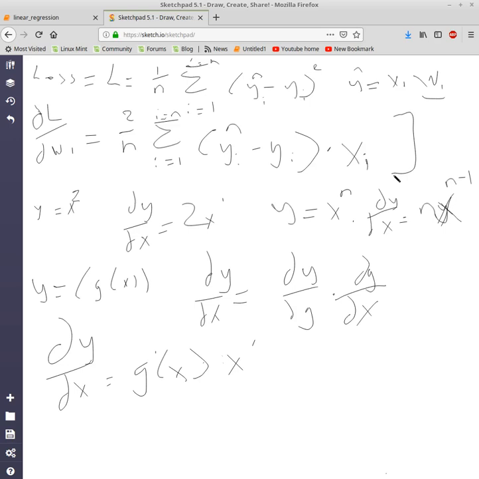Y hat is an intermediate variable, and w1 is the independent variable, and x1 is a constant because the input data is fixed.